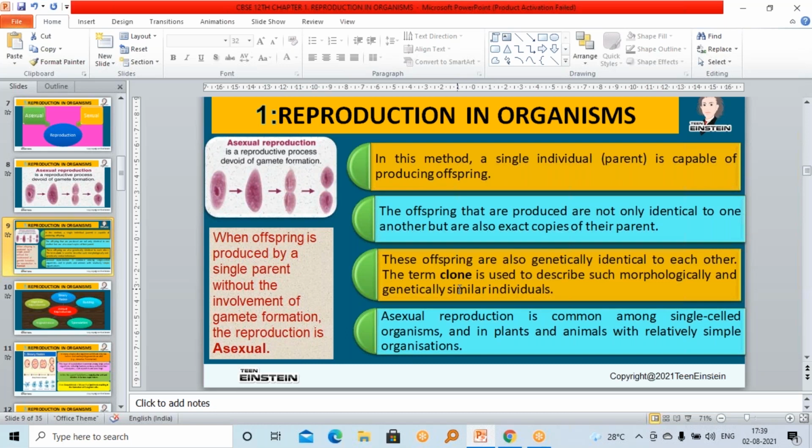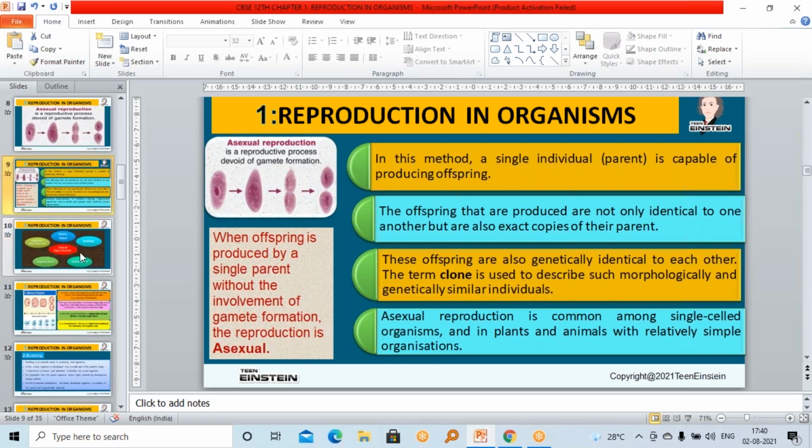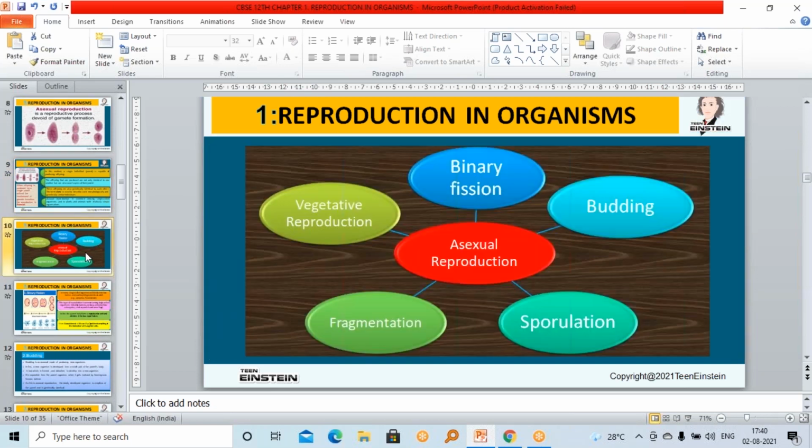Not only that, all 10 will be similar in structure and function, everything similar to the parent cell also. So there is no difference between the parent cell and the individuals which are formed. And these offsprings are genetically similar too. There is no genetic variation between them.